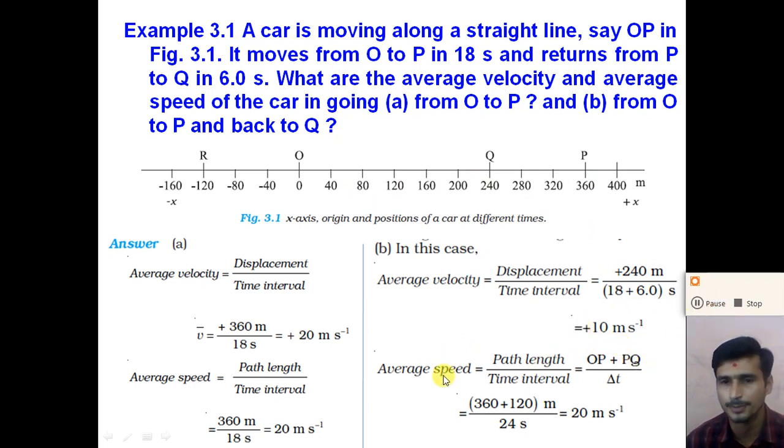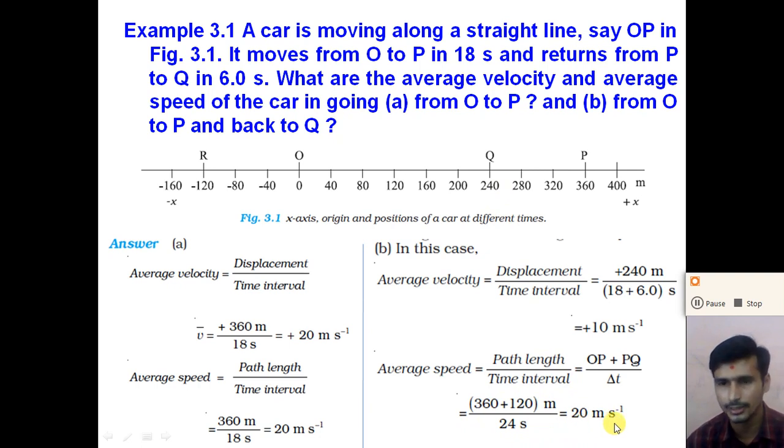But average speed is equal to path length divided by time. The path length is O to P and P to Q. The distance O to P is 360 and P to Q is 120. So the path length is 360 plus 120 and the time taken is 24 seconds. If you calculate, we get an average speed of 20 meters per second.